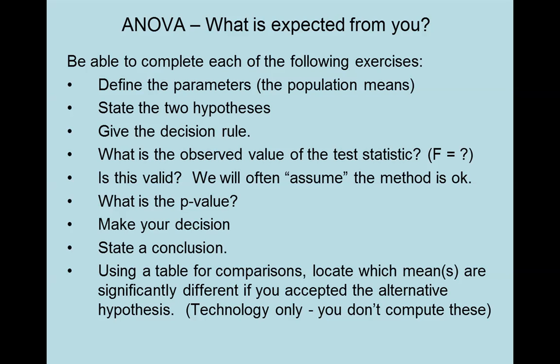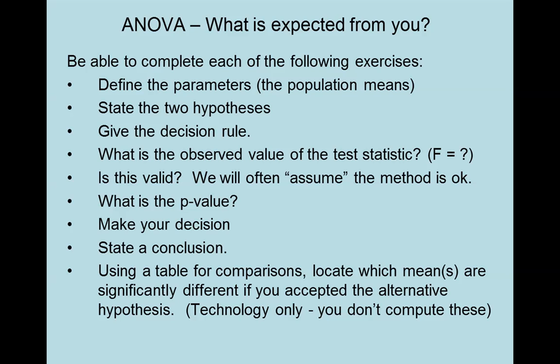So it would either be given in the homework in an ANOVA table, or you would be given a data set and shown how to run that in StatCrunch. Typically we're just going to assume the method is okay in ANOVA. We don't always go back and check those conditions. What is the p-value?